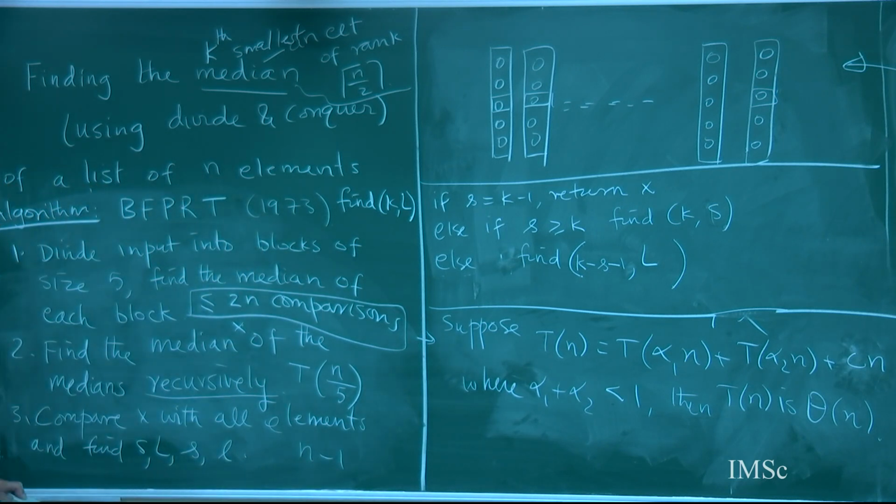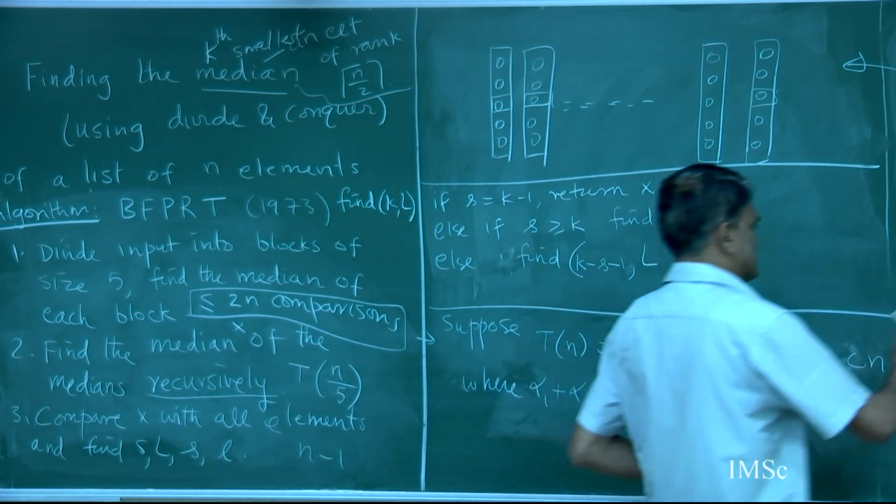So the bulk of the care, why did we do all this median of medians and so on, is to argue that we have thrown away a fraction of elements. So how many elements in the worst case are left that you are recursing on? Can you approximate how good this approximate median x is? Once you figure that out, then you can plug it into the recursion again, and then this is all fine, right?